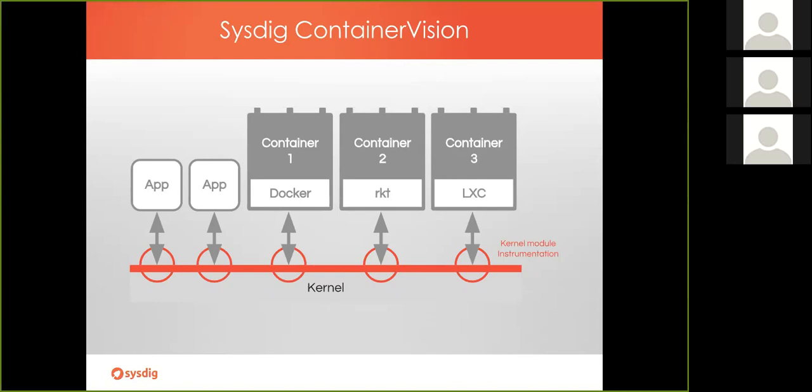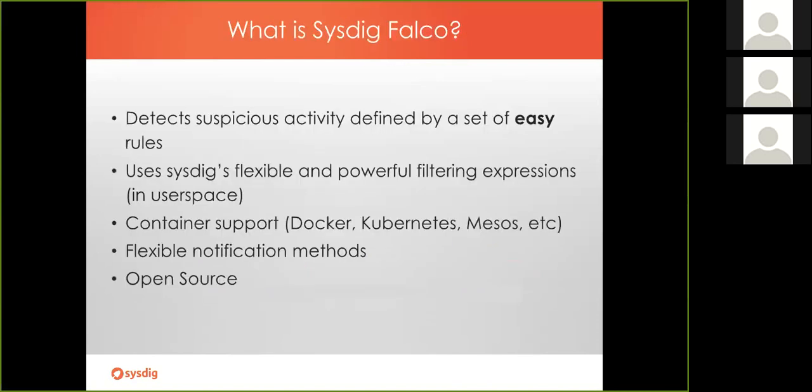And one of the advantages of Sysdig Falco is that, yes, obviously, we can detect any kind of suspicious activity with an easy rule set. It's very flexible because it runs in user space, so we can use all kinds of high-level libraries that we cannot introduce inside of the kernel. And this is the third point, probably the most important here.